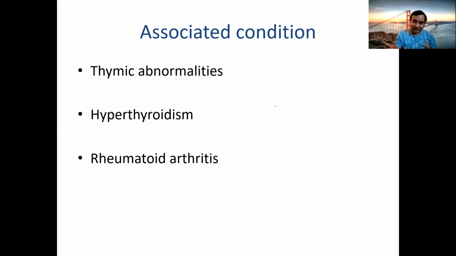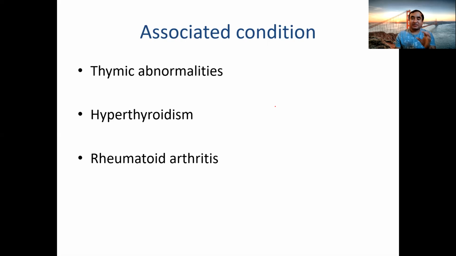But when you diagnose a patient as having myasthenia gravis, we should never forget to check the associated conditions like thymic abnormalities. Most of the time, we find some form of thymic abnormality like thymic hyperplasia or sometimes thymoma. We should detect that because we have to treat that condition as well. Second is thyroid disorder.